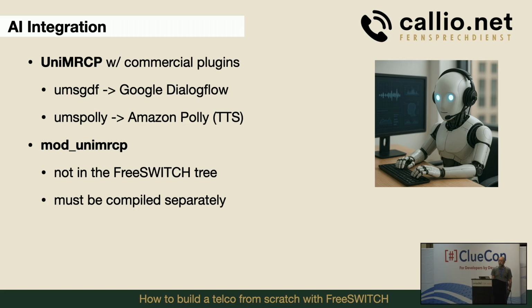And we are currently using UMS GDF for the connection to Google Dialogflow, and UMS Polly to get TTS files from Amazon Polly, which are currently the best voices, especially in German language. Beware that the mod uni MRCP is not in the FreeSWITCH tree, so you have to compile it separately.